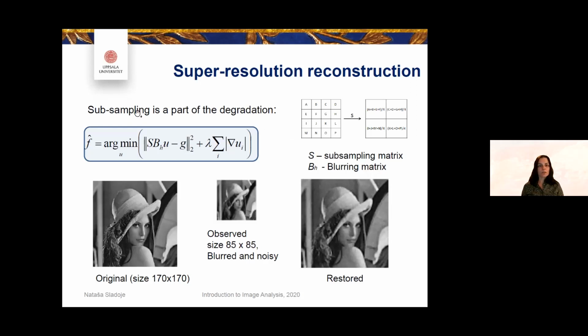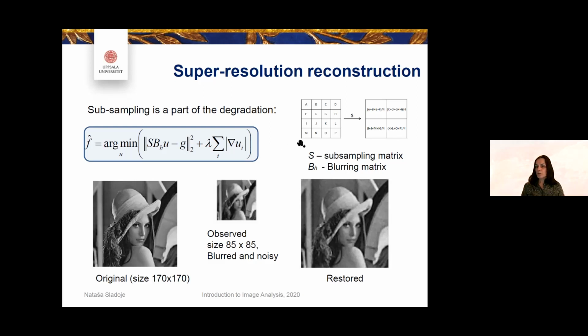One such example is if we have some subsampling. We would like to recover our image, which is potentially degraded by noise, by blur, but is also downsampled. So we would like to recover its original appearance, which means that we would like to remove noise, remove blur, and we would also like to have it upsampled to the original size.